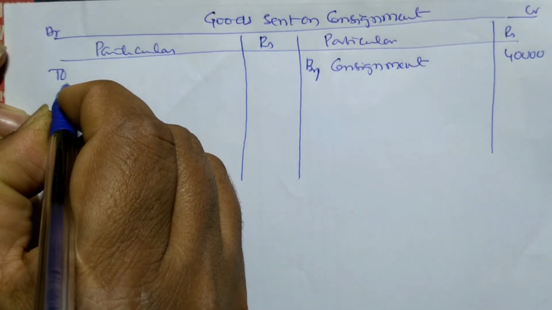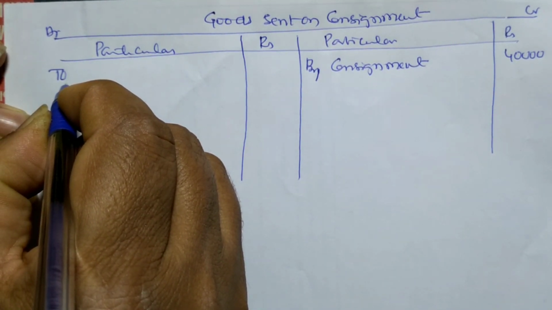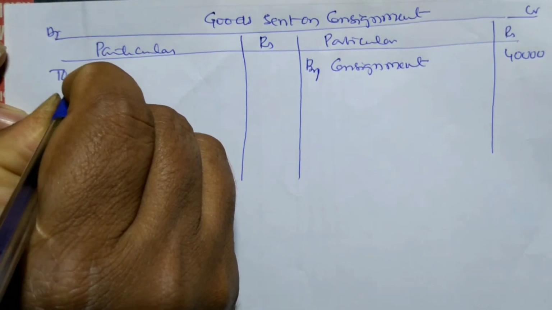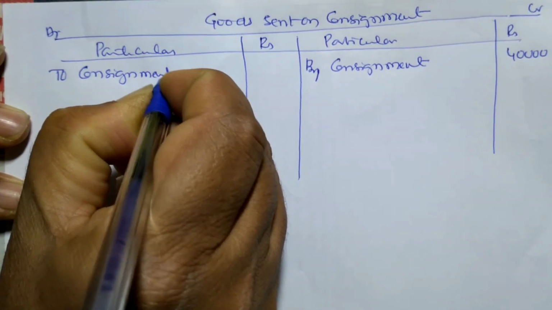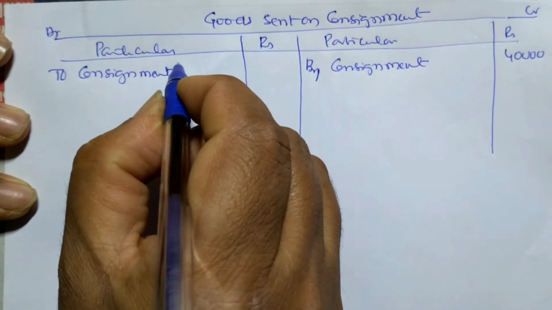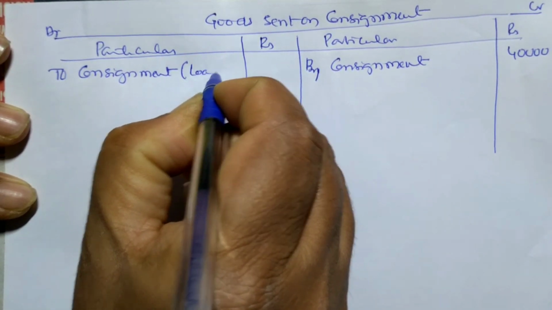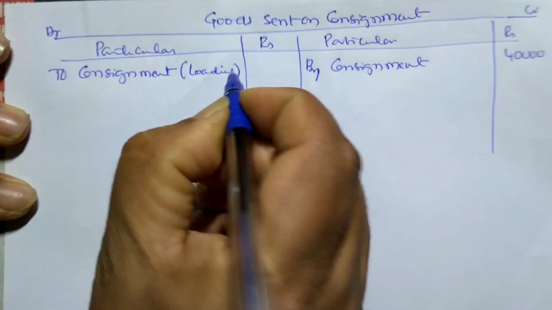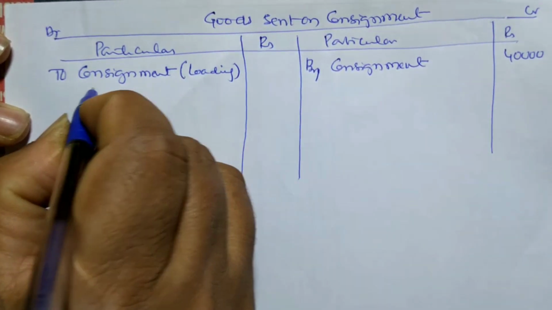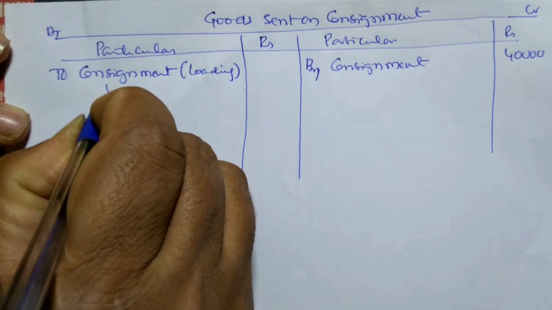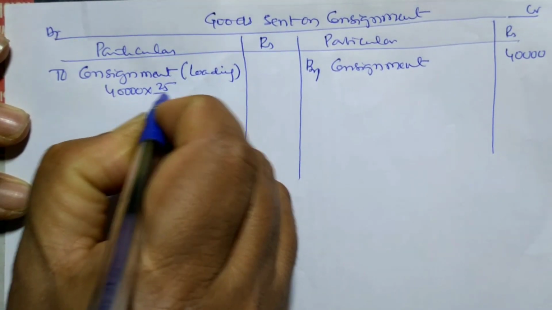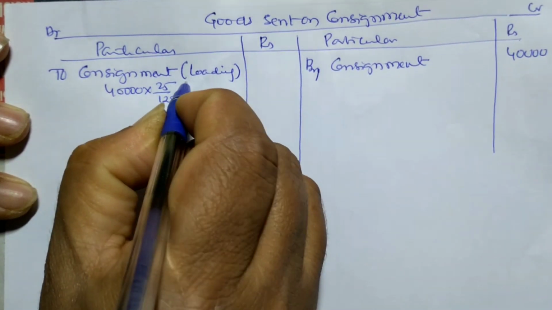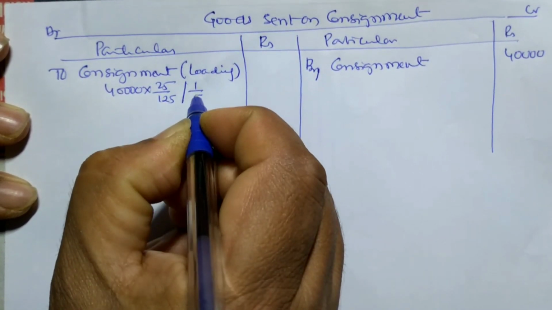And this problem is relating to invoice price. The loading must be cancelled, which is done on the consignment credit side, that is loading. Loading is deducted, that is 40,000 into 25 by 125, or 1 by 5, 8,000.